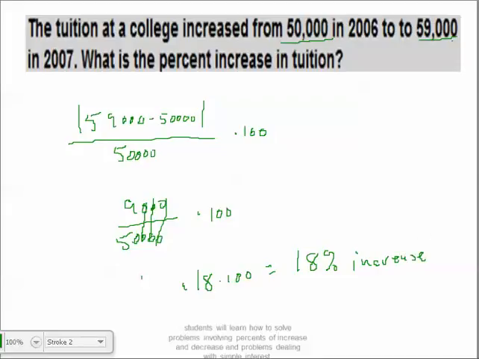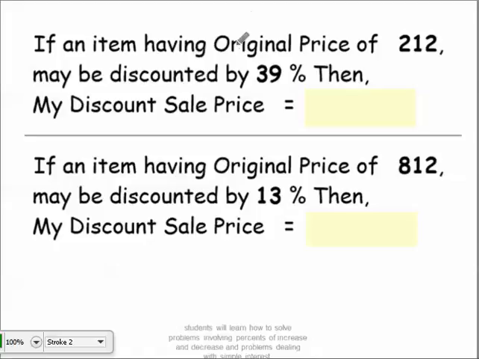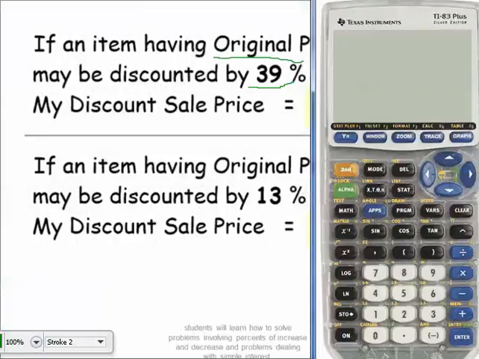Okay? Doing a couple more here. My original price of $212 will be discounted by 39%. If my original price was $212, if I take 212 times 0.39, is that going to give me the answer? The answer is no, it's not.